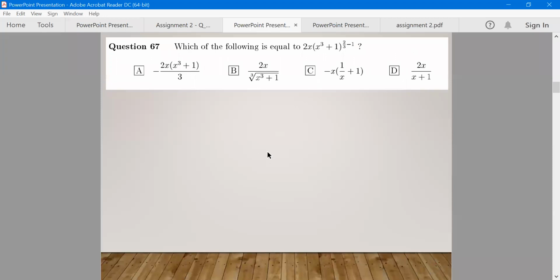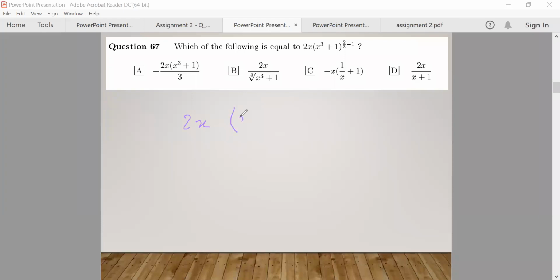Another example. Which of the following is equal to (2x cubed) to the power of 1 over... ? This is easy. We apply the rules for exponents. So we have 2 over 3 minus 1.